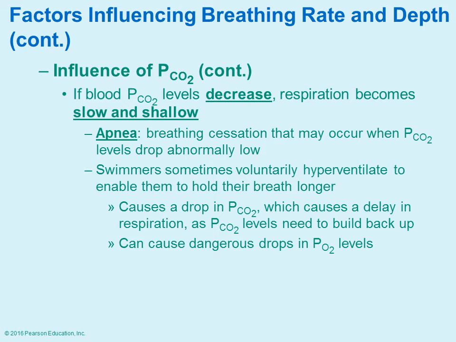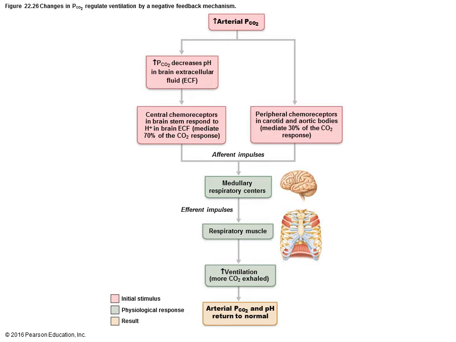The thing is, this can lead to very dangerous outcomes because it can lead to really low levels of the oxygen partial pressure too. So this just shows how various changes can be affected by different things, such as the changing of the carbon dioxide, how that carbon dioxide pressure, when it changes, where is it being picked up from?